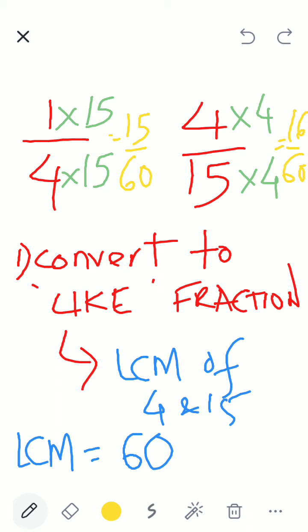So which is bigger, 15 by 60 or 16 by 60? So this is bigger. That is how you do.